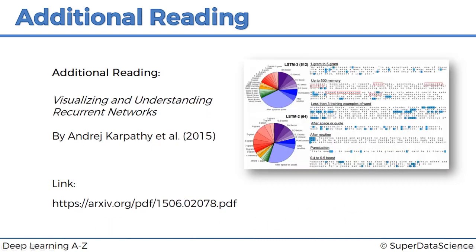And also we've got the Andrei Karpathy and others research paper, published in 2015. It's called Visualizing and Understanding Recurrent Networks. Very interesting read, actually, because there's not too much math and you can probably skip it, but even the insights parts and chapters are very interesting.